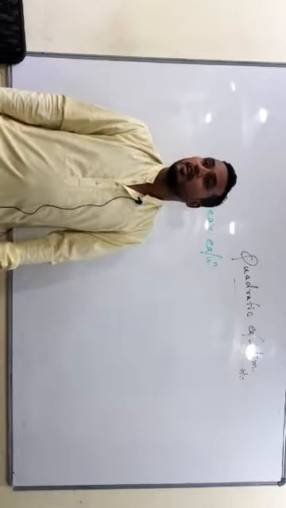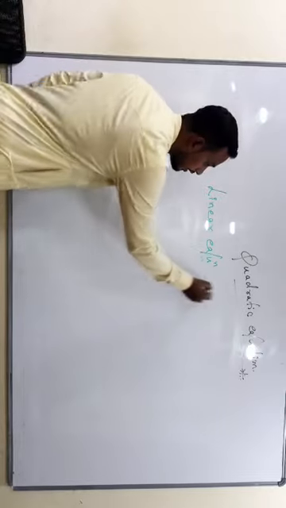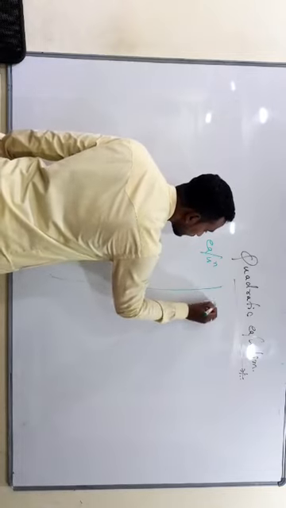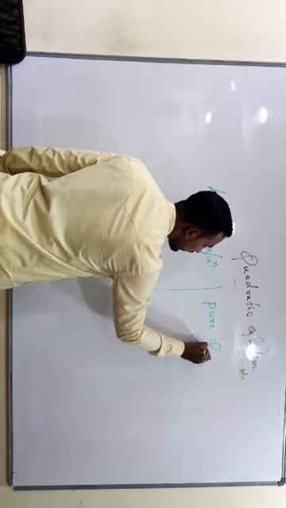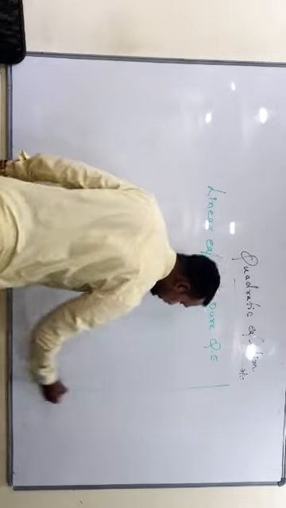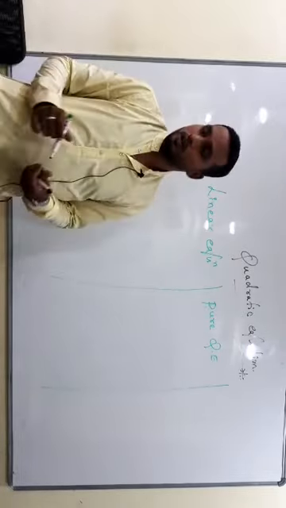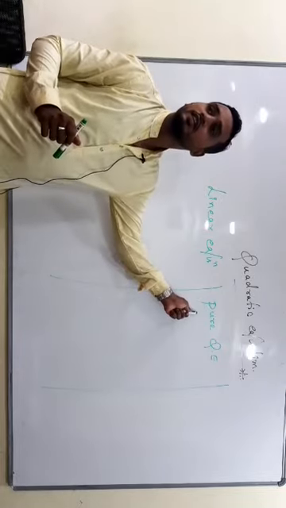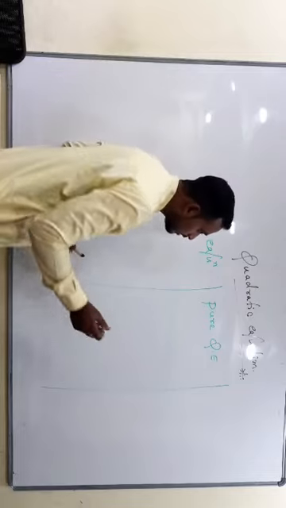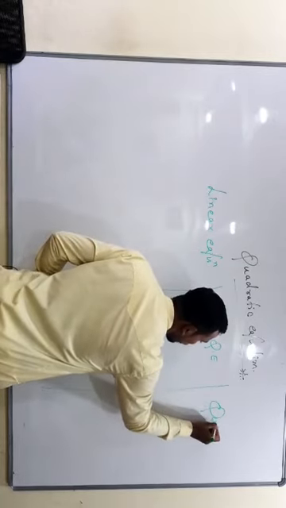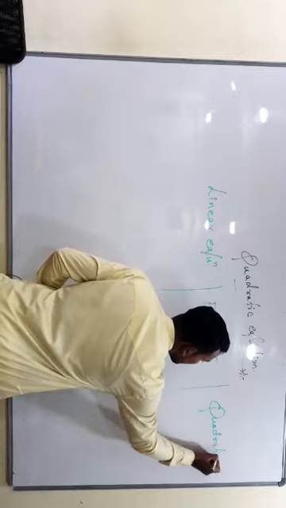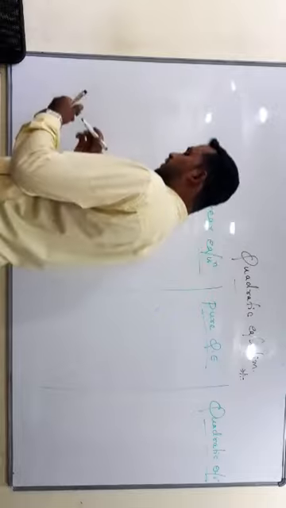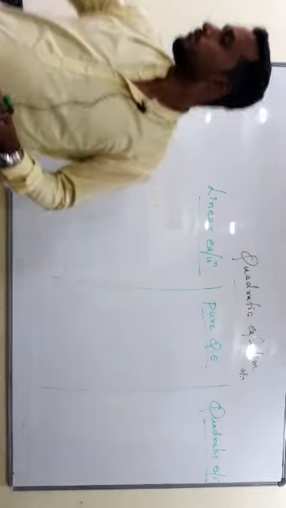The second category is pure quadratic equation. The third is just quadratic equation. Now I am going to give a clear picture among these 3 types. Got it?